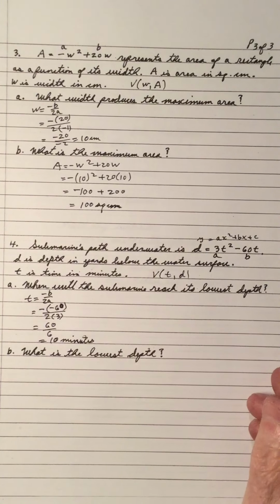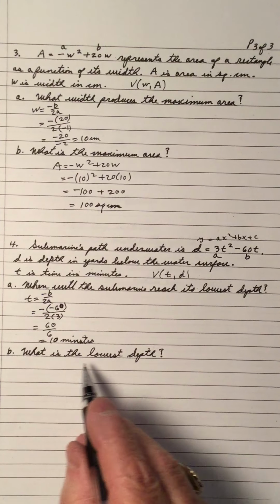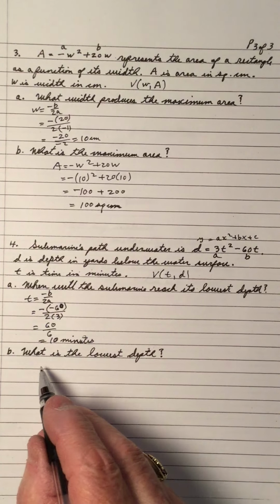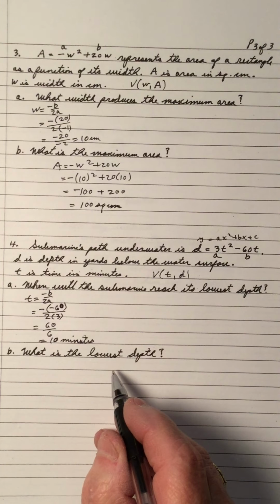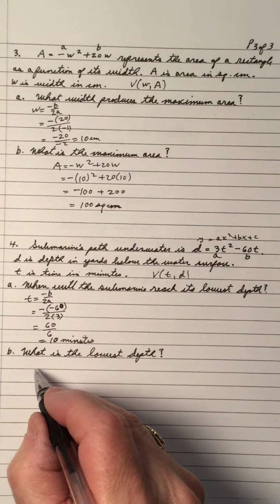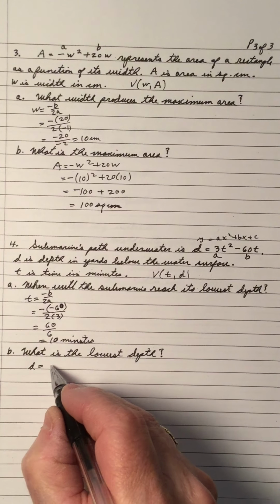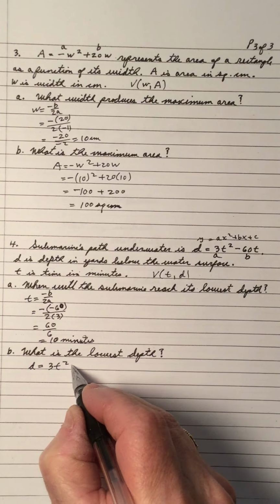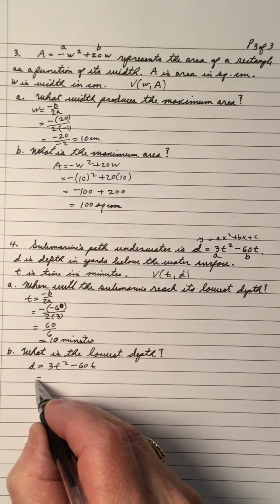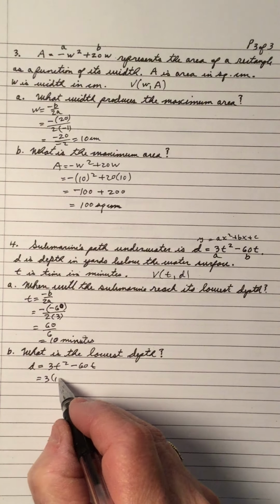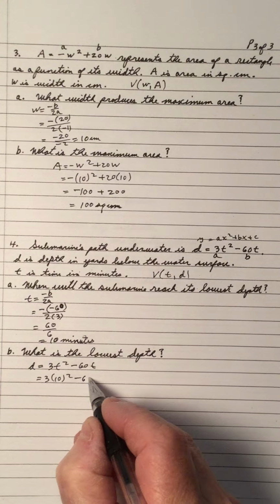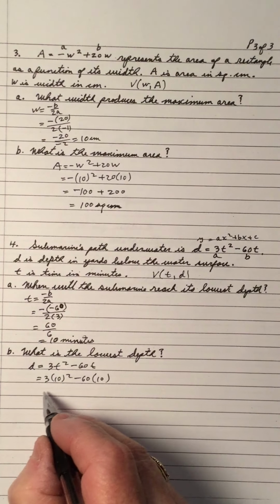Okay, well, let's look at the problem in relation to working out this before I could work out the depth first. No, what I'll do is work out the depth. So D is equal to 3t squared minus 60t. So T is 10, so it's 10 squared. 60 times 10.